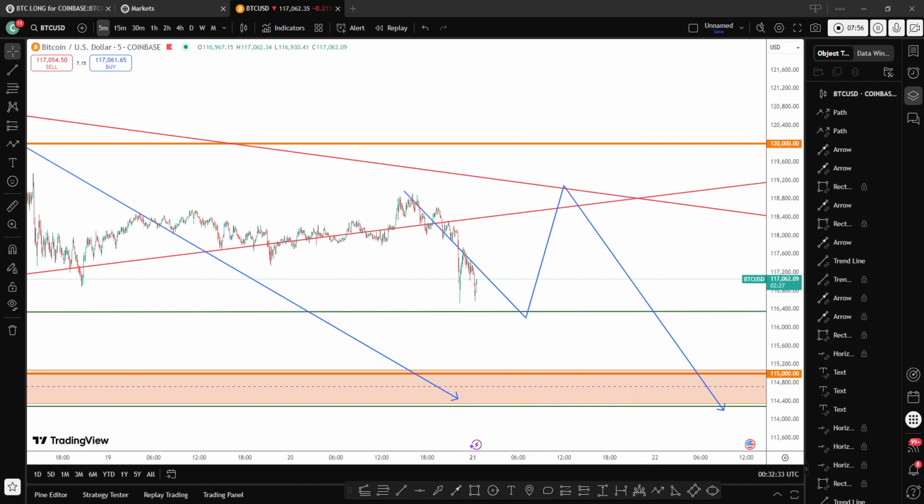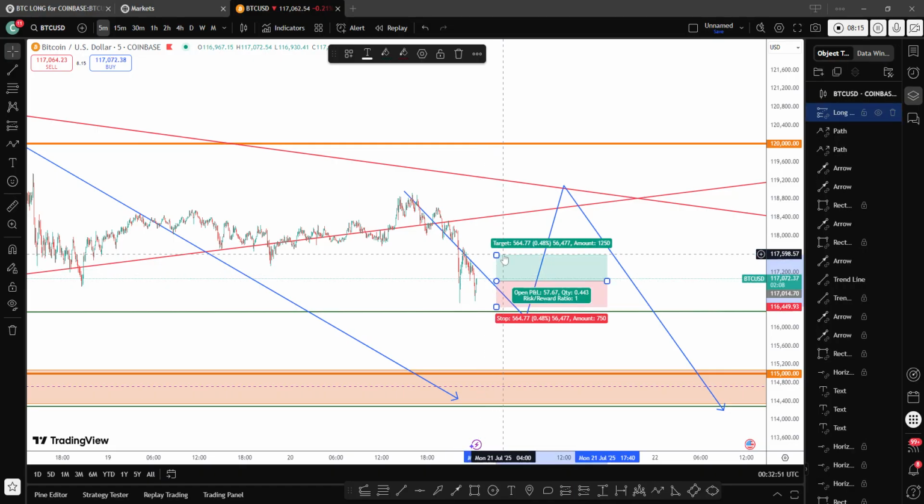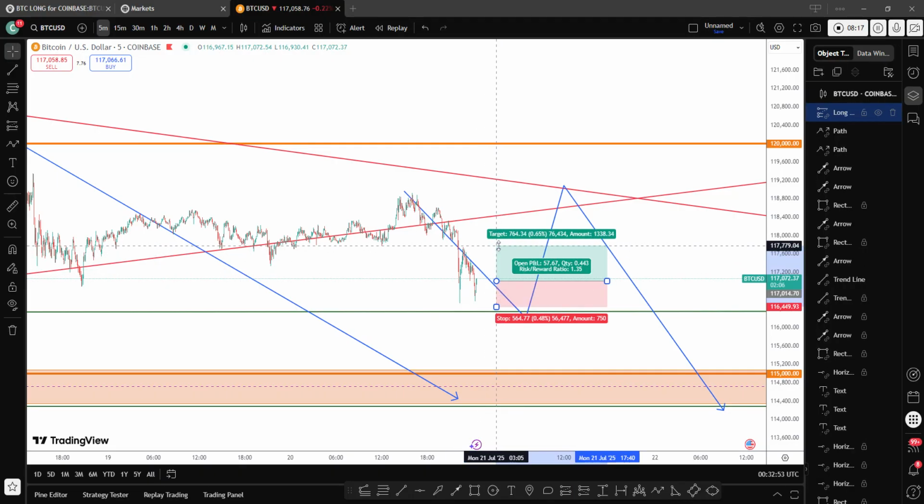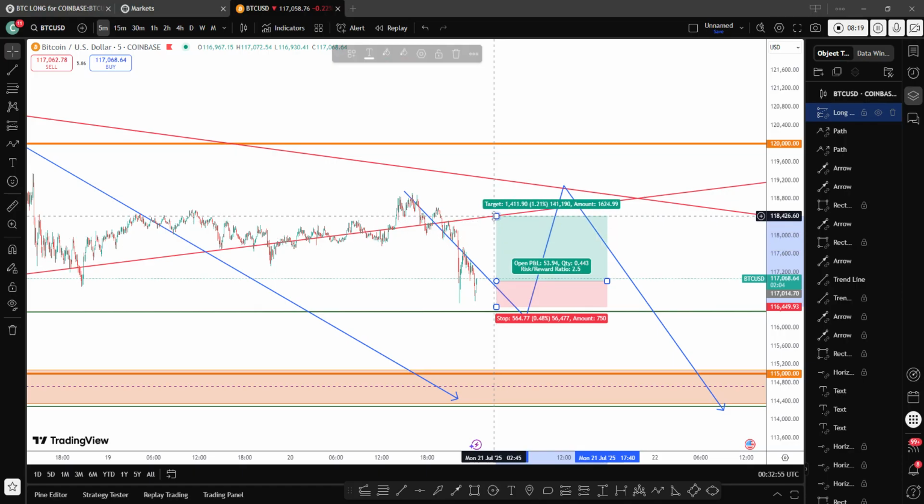So you see price move up. So this is what we'll be saying from that area to here.